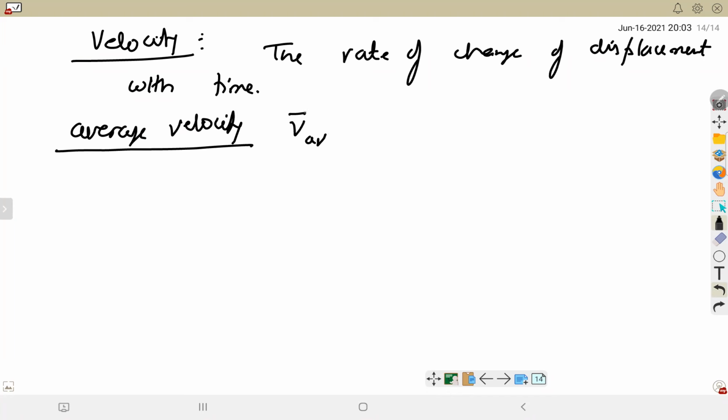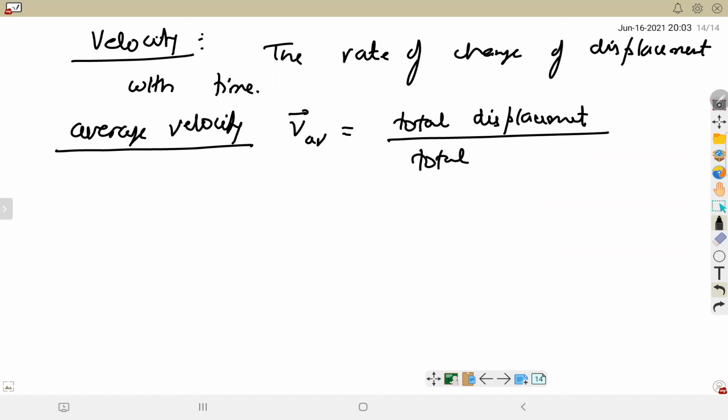It is a vector quantity, so we will represent the vector symbol also, and we have to write the direction as well.